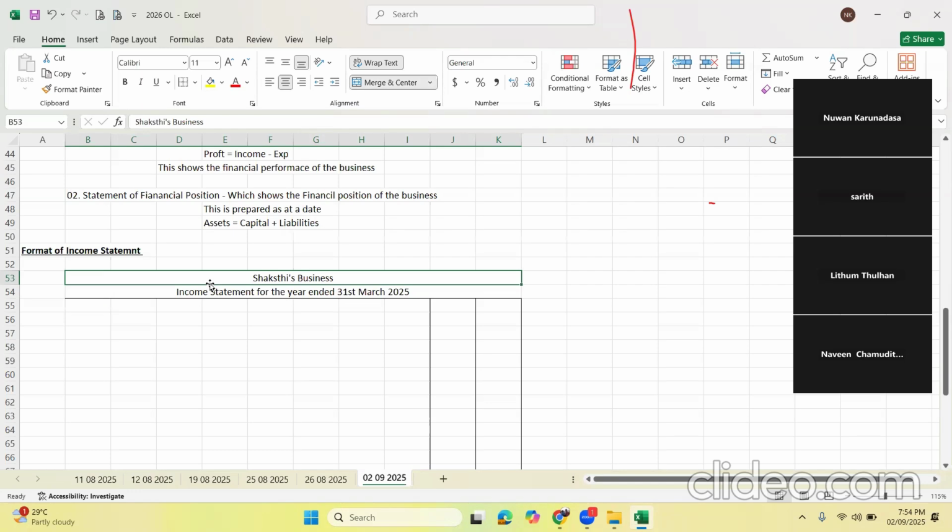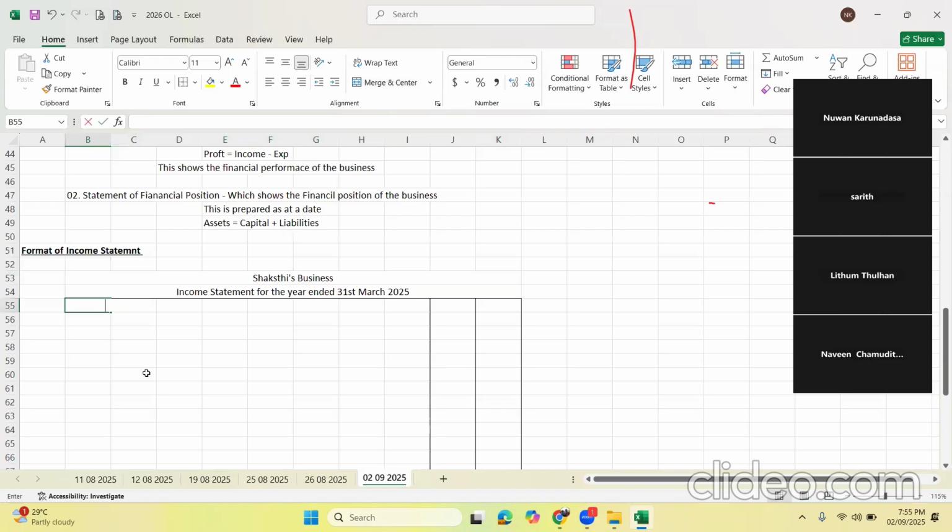Right. Start with the main income, sales. Then minus sales return. Then again minus cost of sales. Just see, this format is very important.